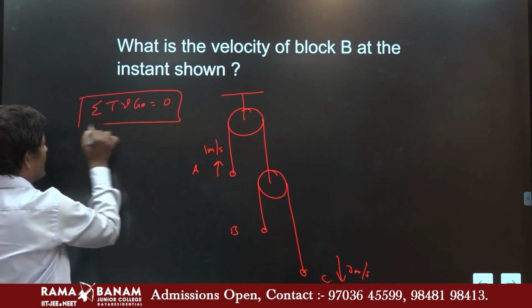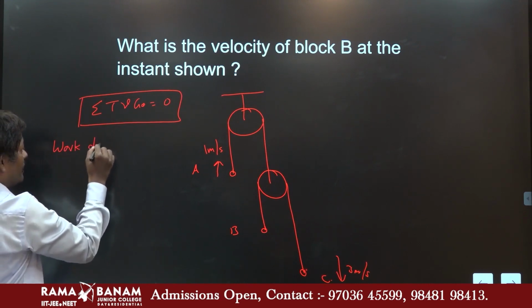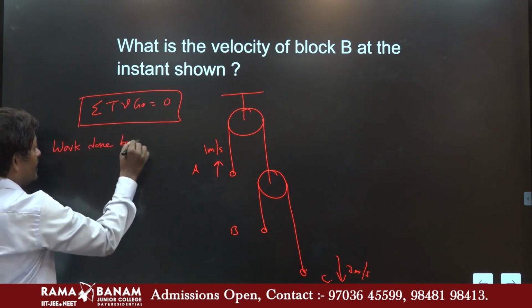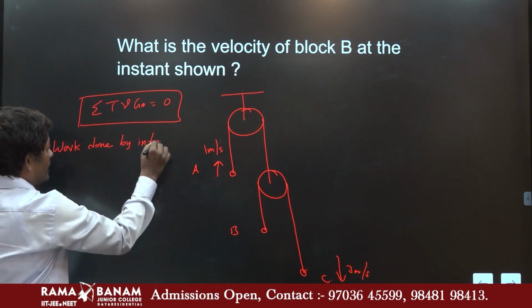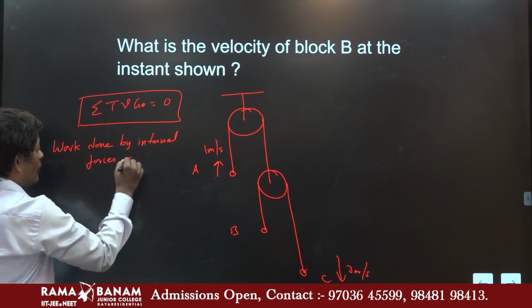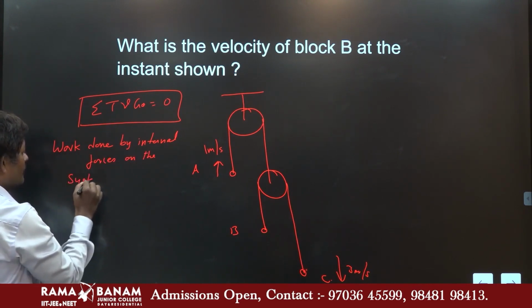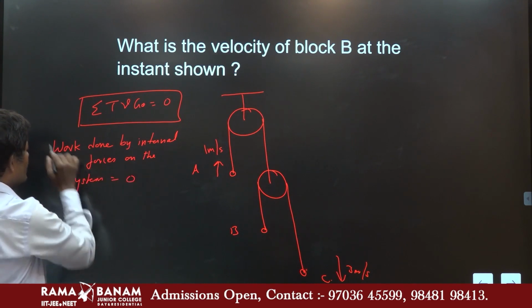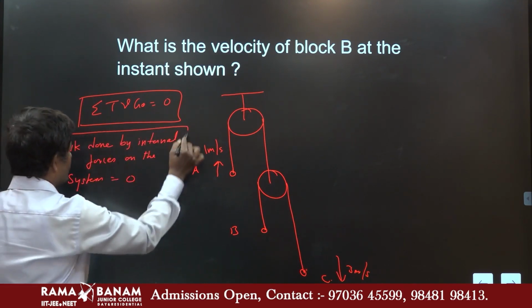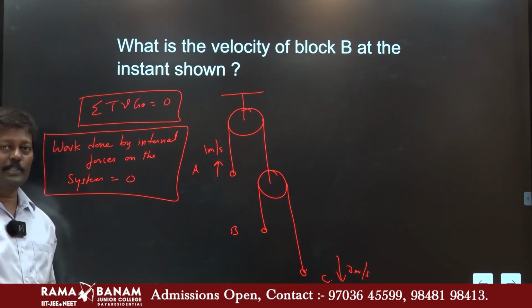Work done by internal forces on the system equal to 0. This is the most important statement which you have to keep in mind. Work done by internal forces on the system is 0.